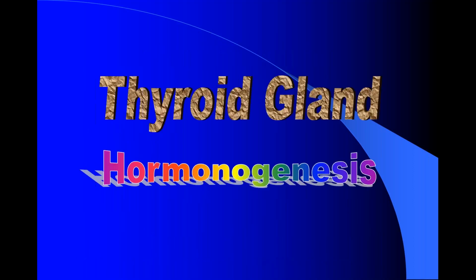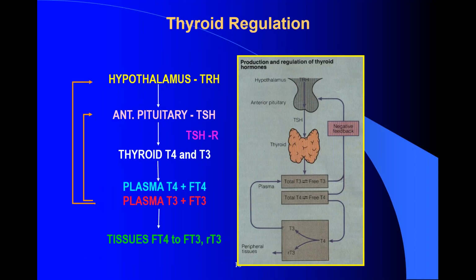Then just in short about hormonogenesis, just a slide. You must have read it in physiology. The hypothalamus secretes thyrotropin releasing hormone, which acts on the anterior pituitary, which further secretes thyroid stimulating hormone. Then this thyroid stimulating hormone acts on the thyroid, and T4 and T3 are released.